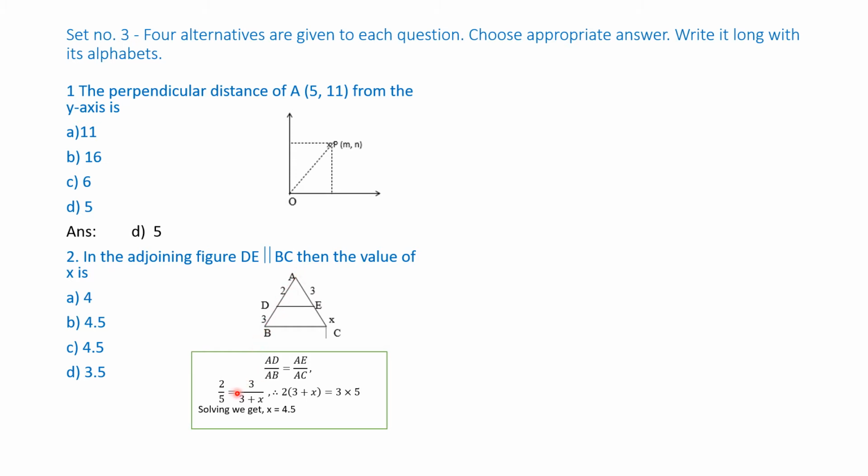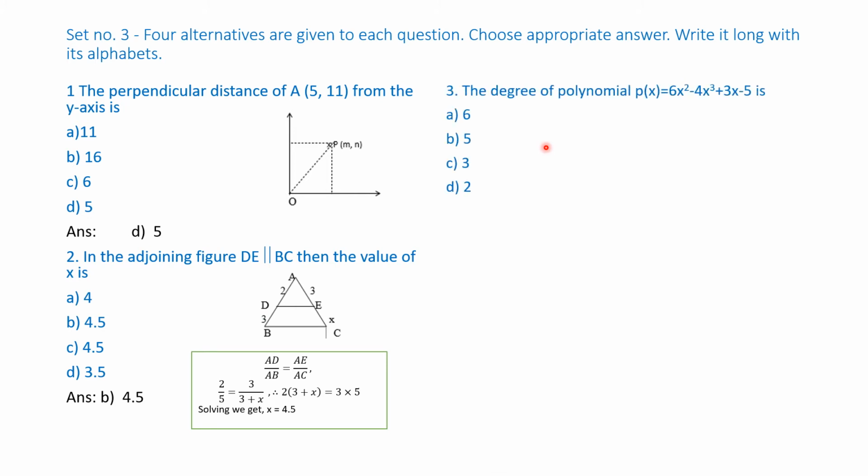AE is equal to 3. And AC is equal to 3 plus x. We have to solve this equation. Cross multiplying, 2 into (3 plus x) equals 3 into 5. Therefore, solving this equation, we get x is equal to 4.5. This is the answer. Where is the answer here? Here it is, B is equal to 4.5. This is the answer for question number 2.